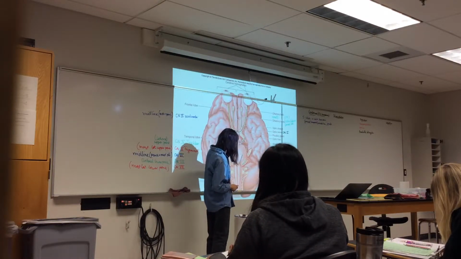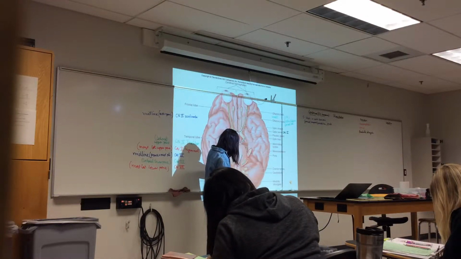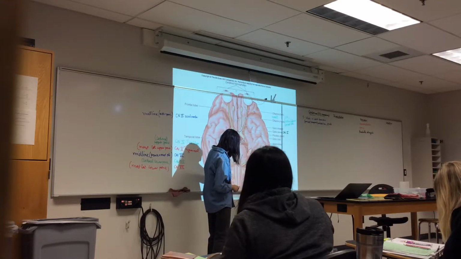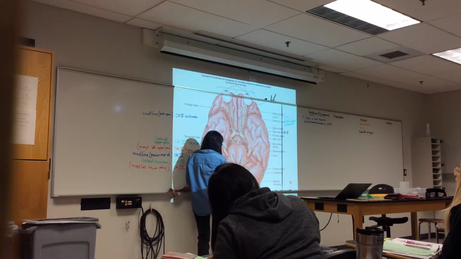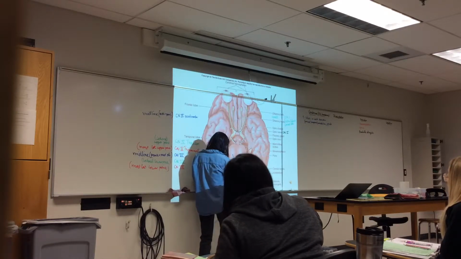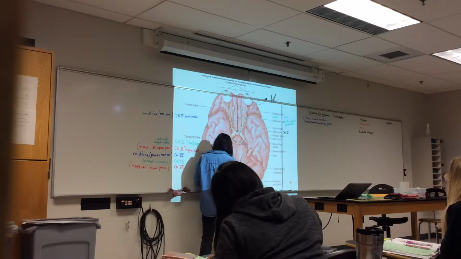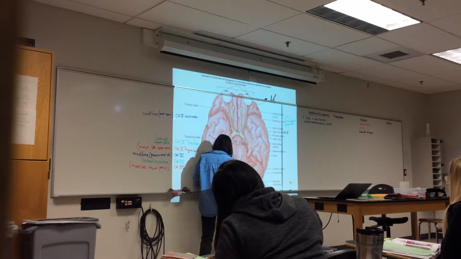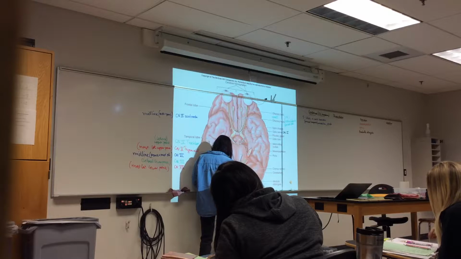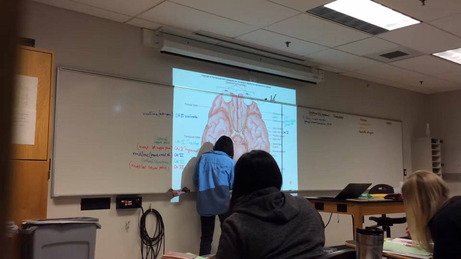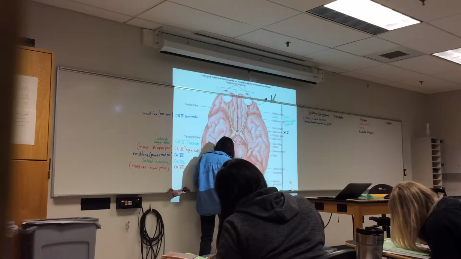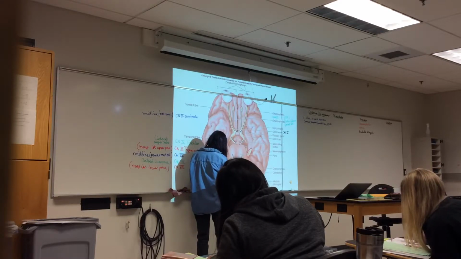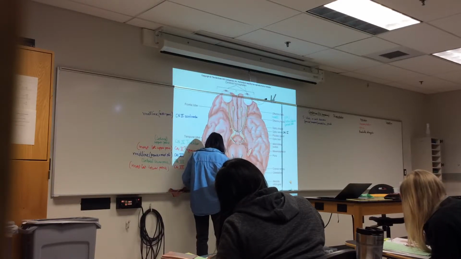Now, we just go straight down. 8, 9, 10, 11. So we'll go straight down from 8. This is CN9, CN10, CN11. Okay, so 8, and maybe I should make a different color so you can see it easier.